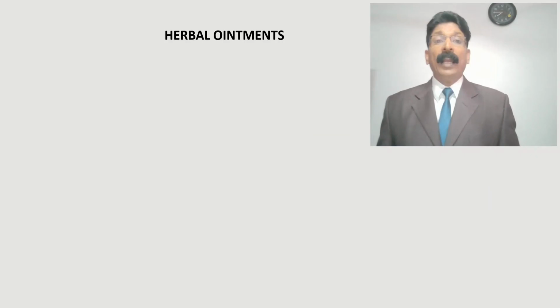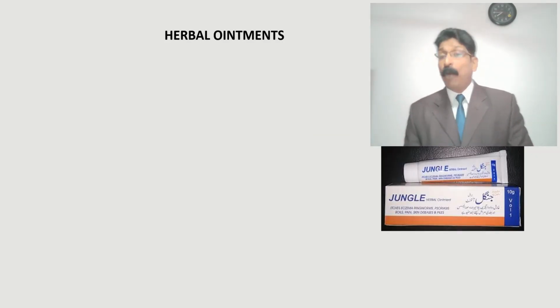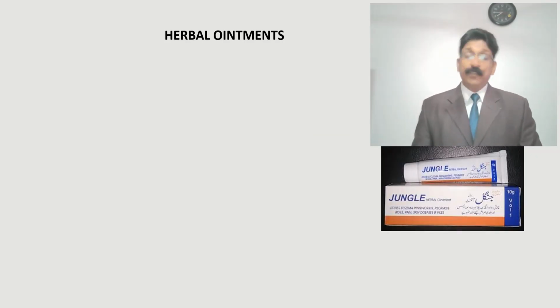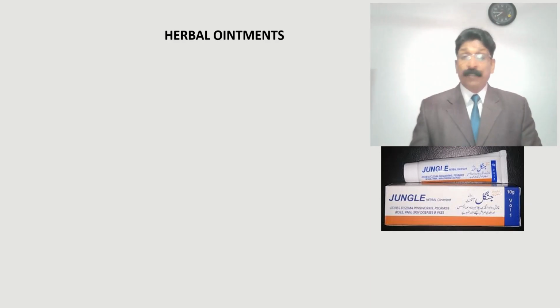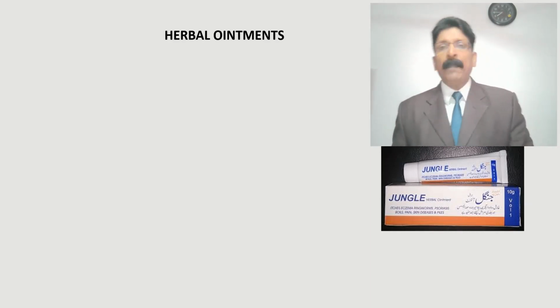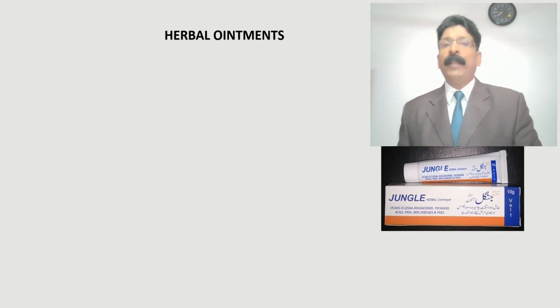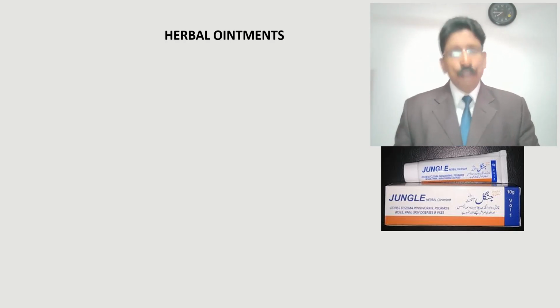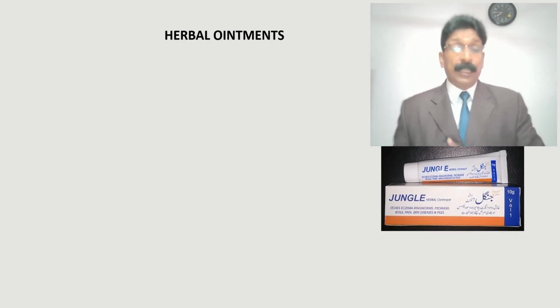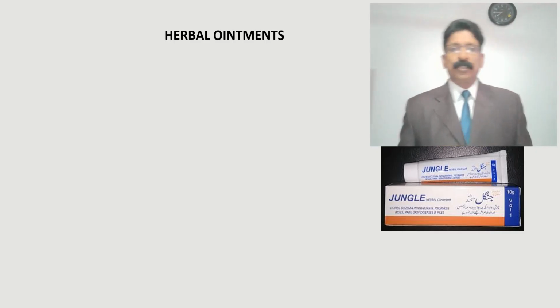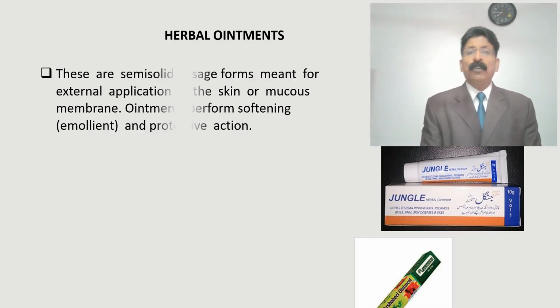And herbal ointments: you have the ointment base which we come across in the preparation of ointments. The first experiment given in pharmaceutics might have been to prepare sulfur ointment, I hope: how to use the spatula, how to prepare a pharmaceutical ointment base. So here also we go for herbal formulation.